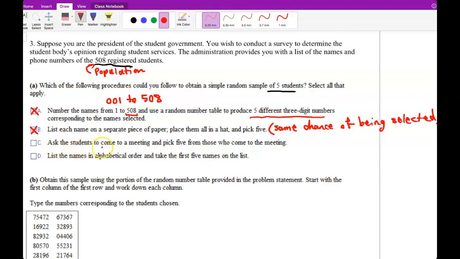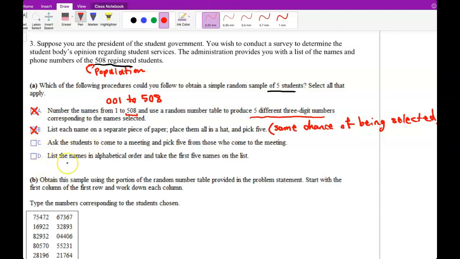Then part C asks students to come to a meeting and pick 5 from those who come to the meeting. We're not able to use this one. What if some of these students were not able to come to that meeting? So it's not fair to choose our sample from only students that came to the meeting. I'm not able to have this part.